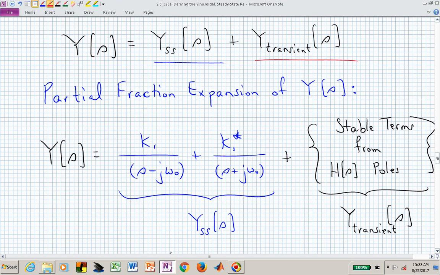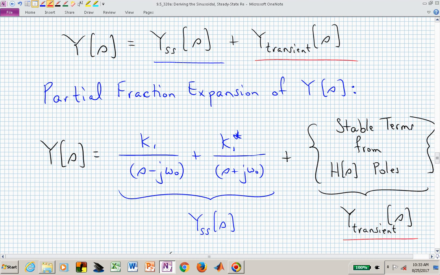I've partially, with the partial fraction expansion, stuck with my color coding, but I failed to keep this red, but that's now the red piece, and that's due to the stable poles of H of s, and those will all decay with time. So as time gets large, and it doesn't have to get that large, infinity now is beyond 5 tau, which isn't much in an electrical sense, but now we've identified this expression capital Y sub ss that we want to focus on.